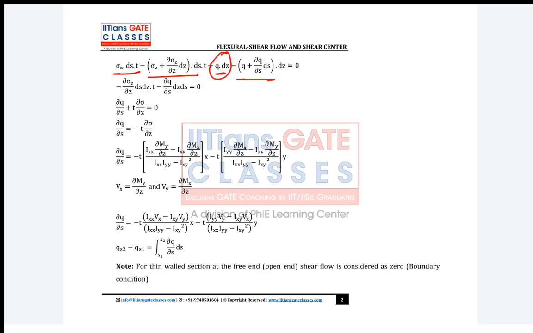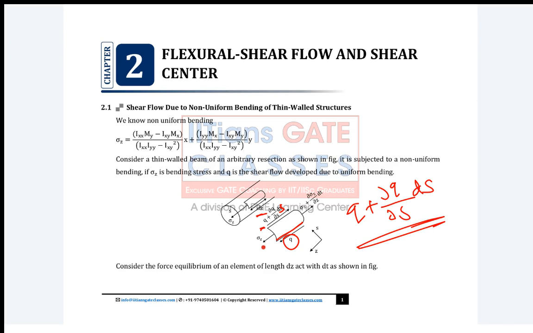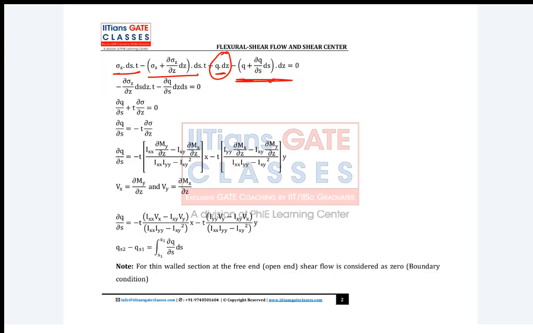Then minus, why? Because one is in the positive z direction and another is in the negative z direction. From this equilibrium, what do we find? This equation: dou q by dou s plus t dou sigma z by dou z equal to 0.